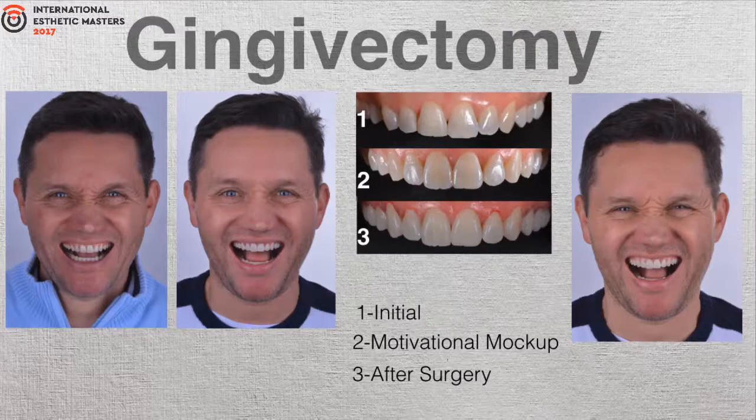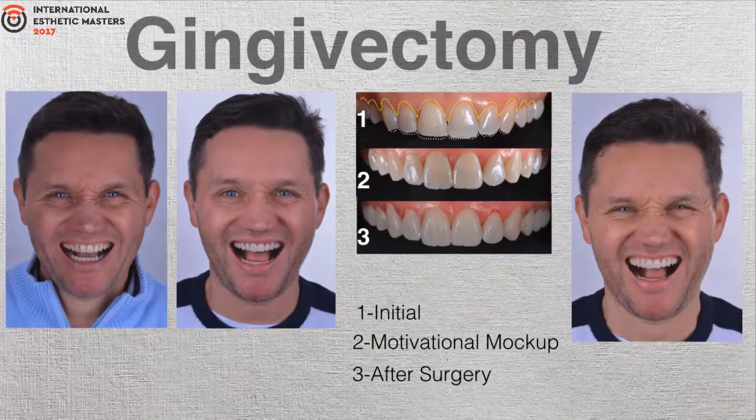This way, you have drawn a line where you should cut the gingiva and the bone. You won't cut more than what is necessary. You can apply the motivation mockup back into the patient's mouth after the surgery. You make any needed adjustments for the final smile.